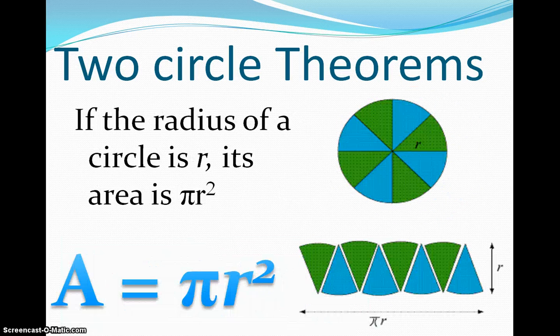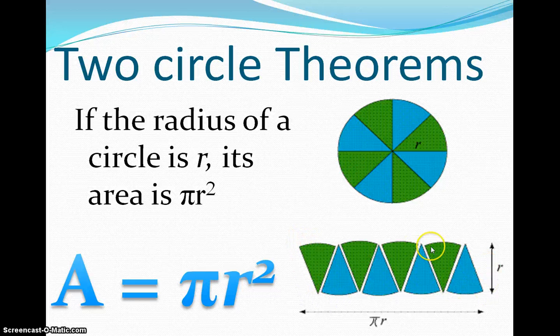And last but not least, the second of our two circle theorems. If the radius of a circle is r, then its area is pi r squared. Now again, if you take a circle and keep splitting it up into different pie chunks, and chunk it up into even smaller pieces, this shape will start to form a parallelogram.